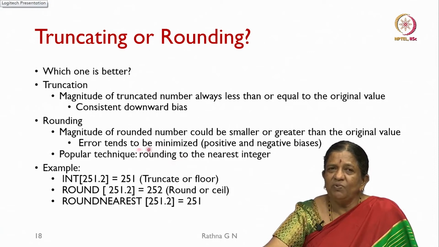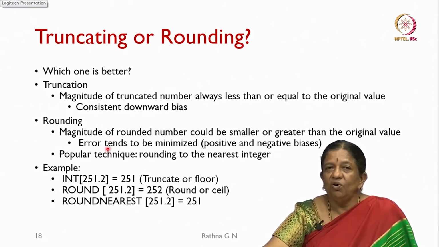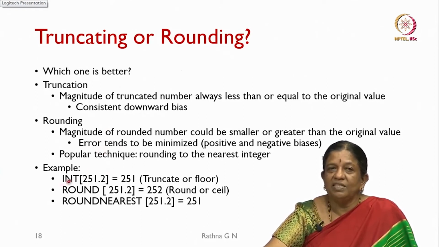The simplest one is truncation, but if you are not able to get the required result, then you have to go for rounding and accept the additional clock cycle that results from it. As you can see in 251.2, truncation, or what we call floor, gives 251, and it is not going to cause any damage to the number represented.